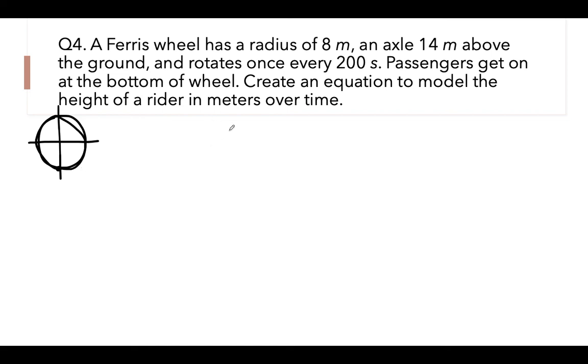Just by looking at it, the radius from the equation of axis to the maximum is 8 meters, meaning the amplitude is 8. And the axle is 14 meters above the ground, so my equation of axis is going to be 14.